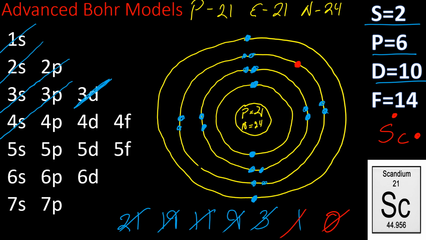But on the inner shell, the third shell, I have more than 8. So that's where we get that whole 2, 8, 18. And if I continued going down this, I would see that I'm adding more and more to the inner shells as I go.